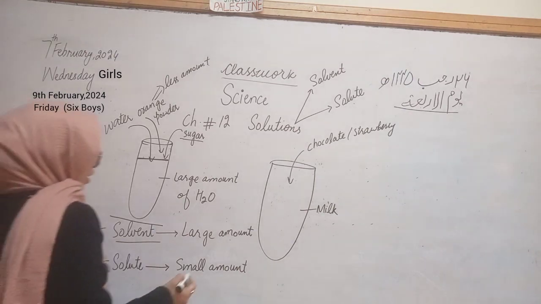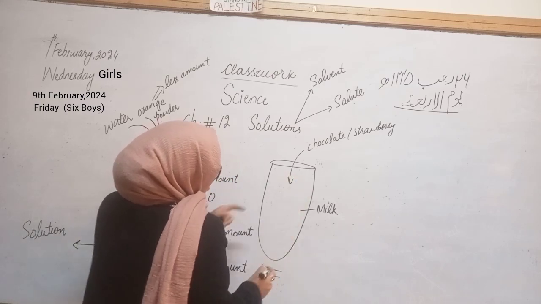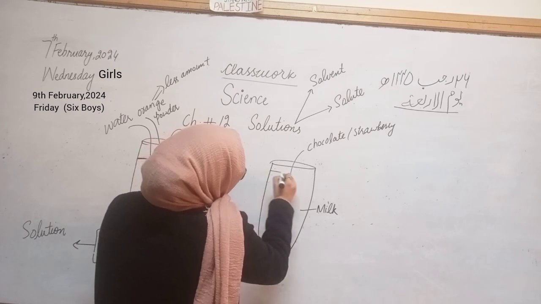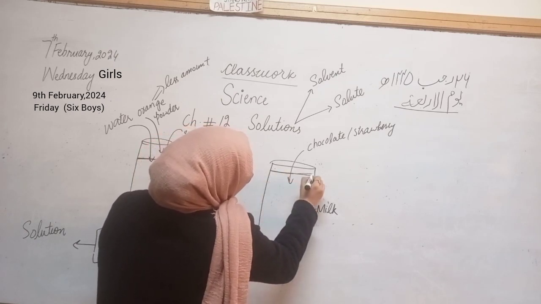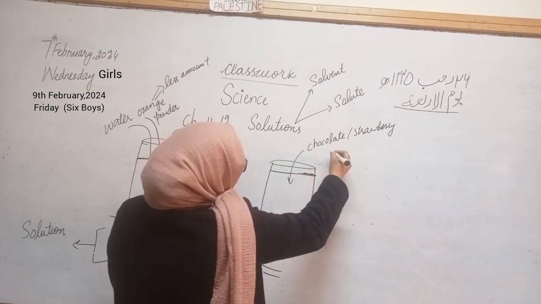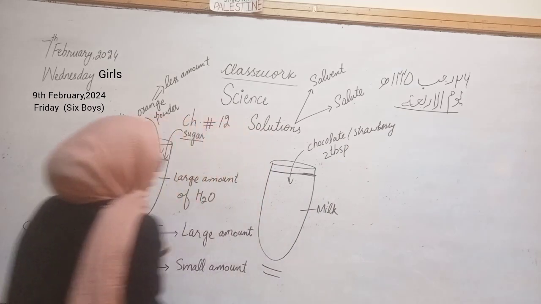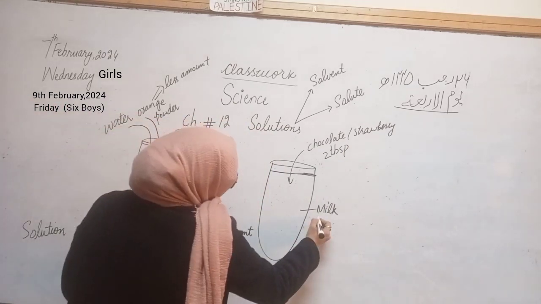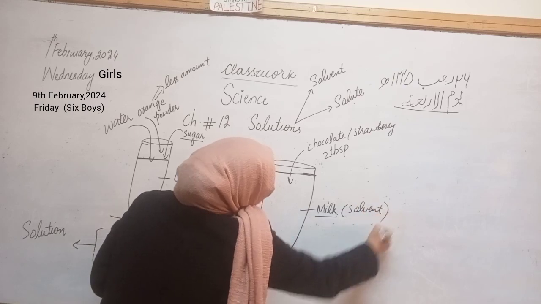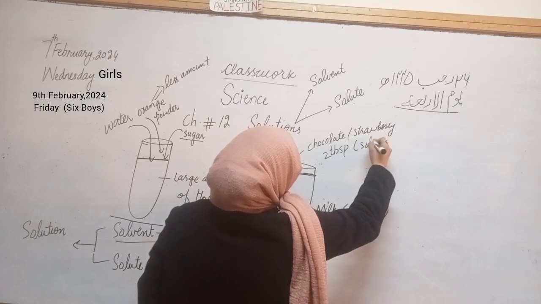Similarly, your energy drink having glass of milk or cup of milk that is filled with more than half. But when we will pour the powder, that will be 2 tablespoons or it can be 3 tablespoons. So large amount of the milk will be solvent, and small amount of substance is called as solute.